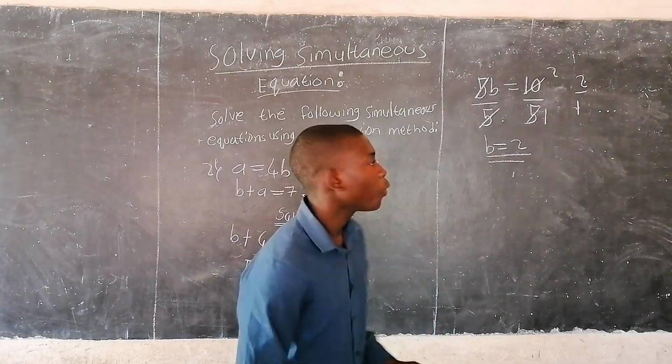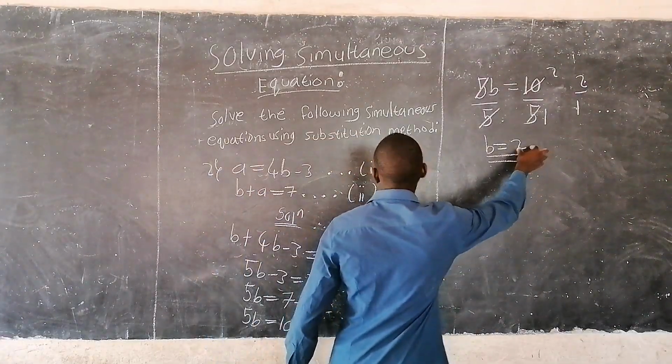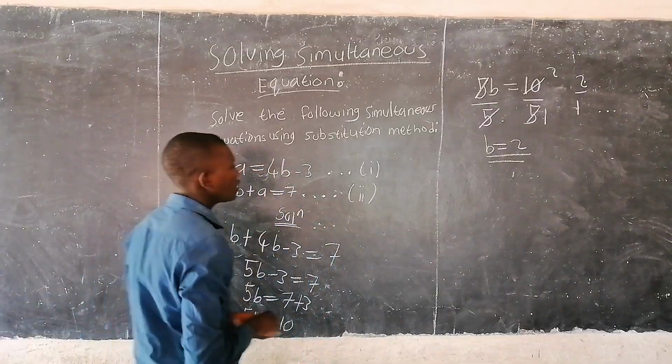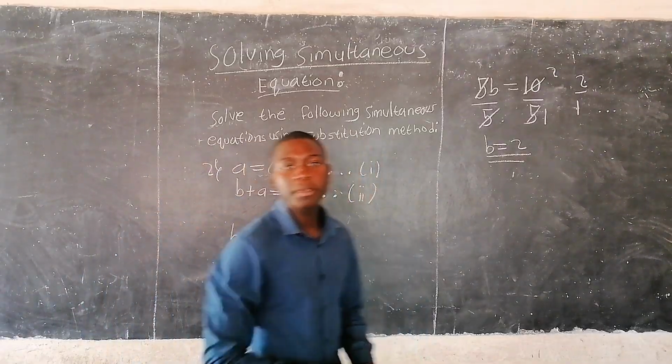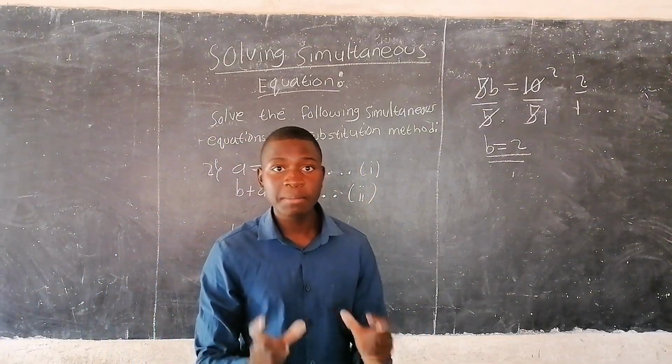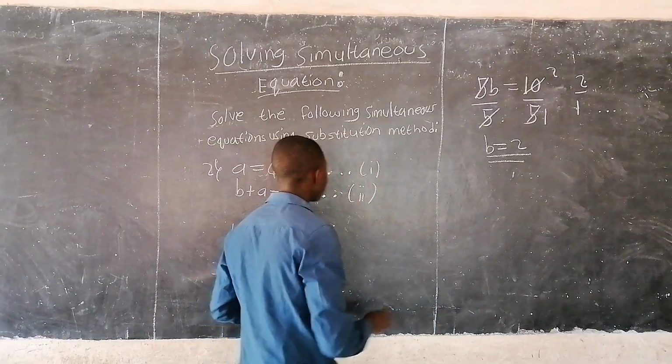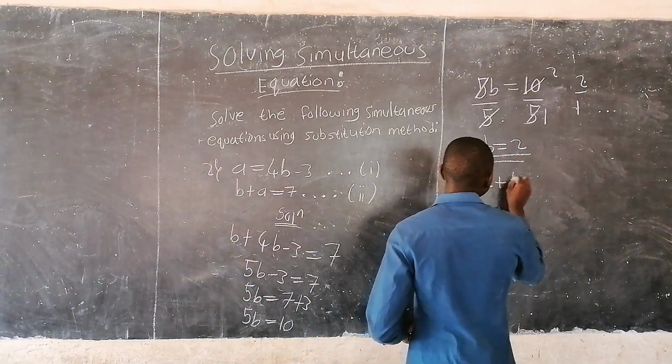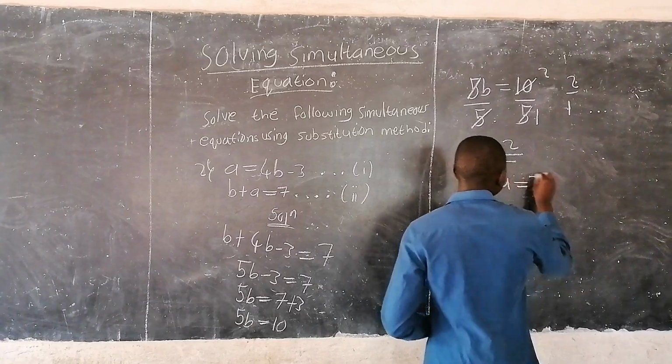To continue, we'll substitute 2 where there is b in equation number 2, because that's our simplest equation. So we have 2 plus a is equal to 7.